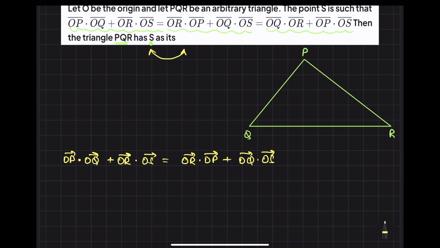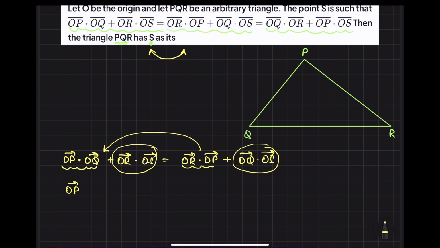Okay, so what I will do, look at this, it contains OP, it contains OP. So I will ask this person to come this side, and it contains OS, it contains OS. So I'll club these two things. If you ask that part to come this side, you can take OP vector common.